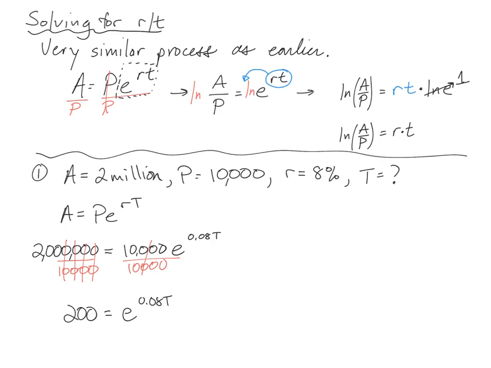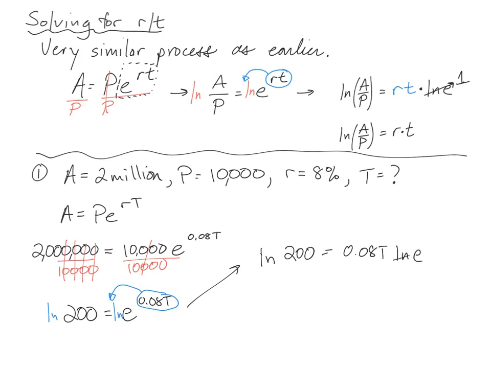We can now take the natural log of both sides. So there's the natural log of both sides, and simultaneously we can bring this to the front of this natural log. So this will give me natural log of 200 equals 0.08t. What is that?